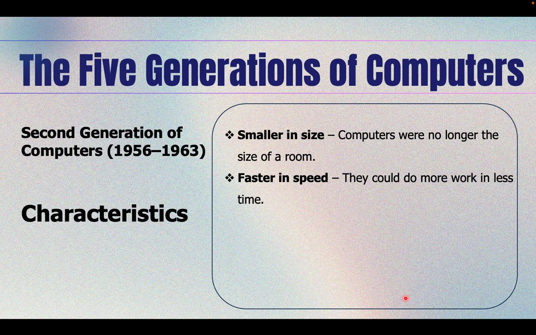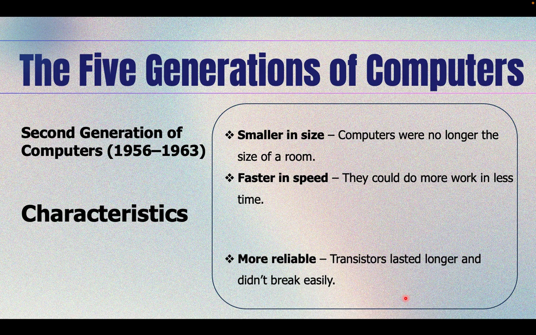The second generation that actually used transistors worked faster, as far as speed is concerned, than the first generation that used vacuum tubes.